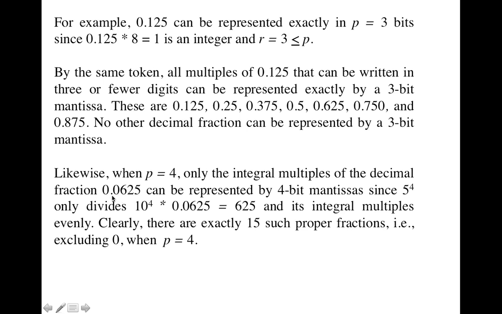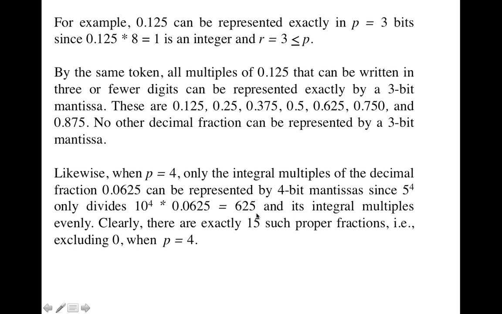Only the multiples of this particular fraction will be representable in 4-bit mantissas. Again, you will notice that 5 to the 4 only divides 10 to the 4 times 0.0625, which is 625, which is what 5 to the 4 is.